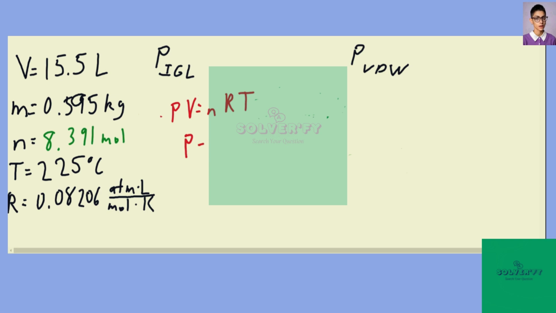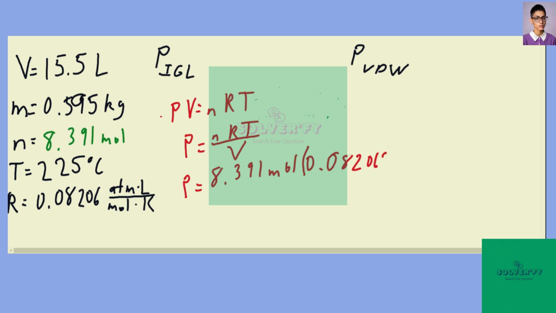So let's say P equals nRT over volume. So I'm going to go ahead and write this out. We know that we have 8.391 moles times 0.08206 atmospheres liters over mole Kelvin.